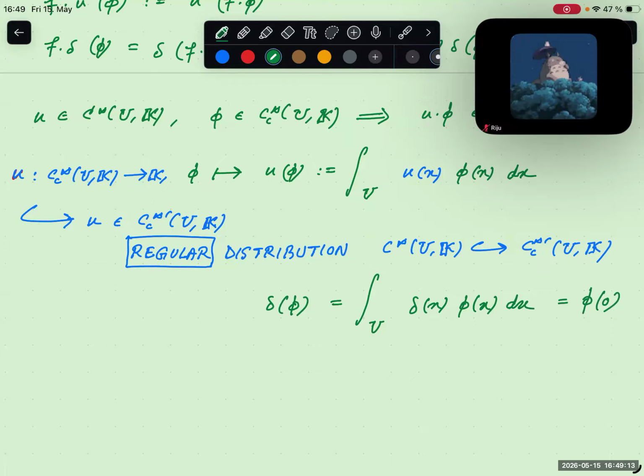Yeah, because you write this as delta of x minus 0, and that's okay. So he was really very close to discovering general distributions, but this is not correct. This is correct, but not this, because this cannot be written in terms of a regular distribution. So that's really the distinguishing property.